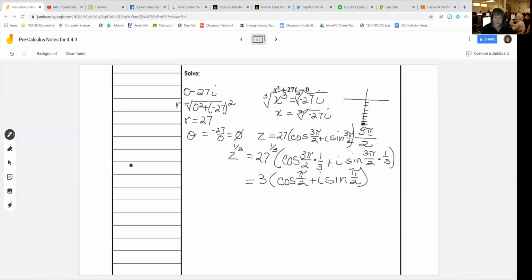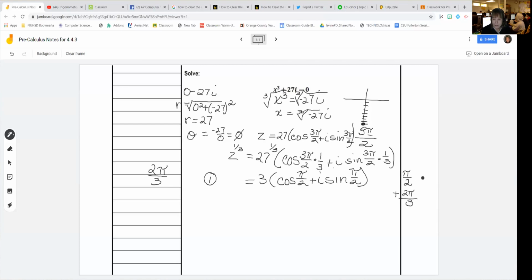Okay, now what we need to do is figure out the value that I have to add to the angle to get the other two roots. So we know that all the way around the unit circle is 2 pi. We have 3 roots, so we're going to divide by 3. So that means I have to add 2 pi over 3 each time to the angle to get 2 more roots. This is my first root. So to get my second root, I have to take pi over 2 and add 2 pi over 3.